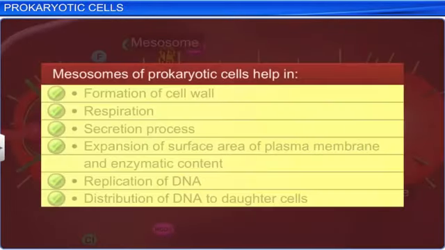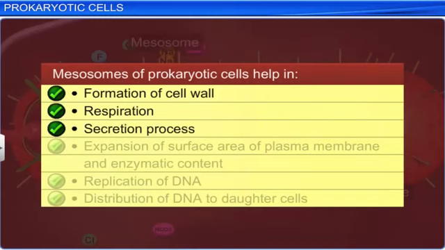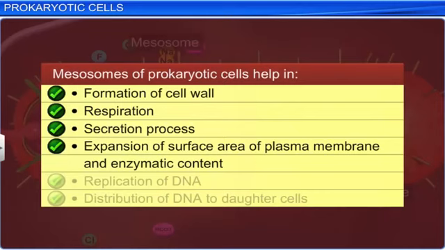Mesosomes help in cell wall formation, respiration, secretion processes, expansion of the surface area of the plasma membrane and enzymatic content, DNA replication, and distribution to daughter cells.